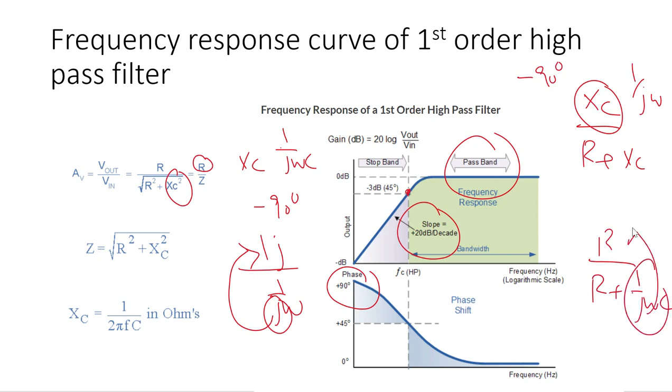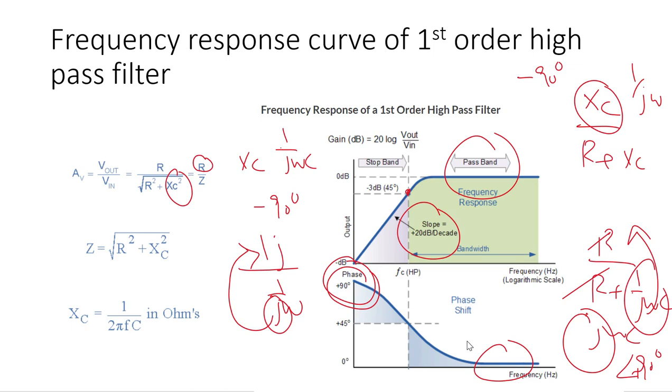If we make this go up, let's say this R is not here, what will happen? This will be j omega c, and j is 90 degree plus. So this will start from 90 degree, and at higher frequency this will become 0. This is the only difference: we had a phase of 0 to minus 90 in the previous circuit, and plus 90 to 0 in this one.